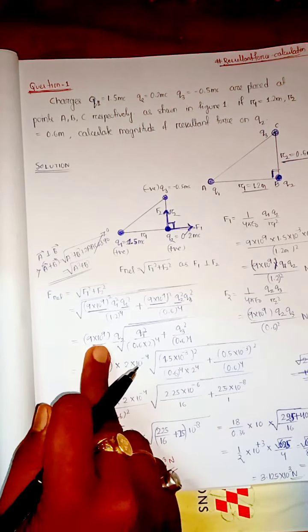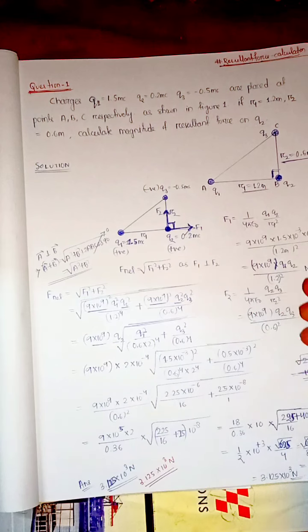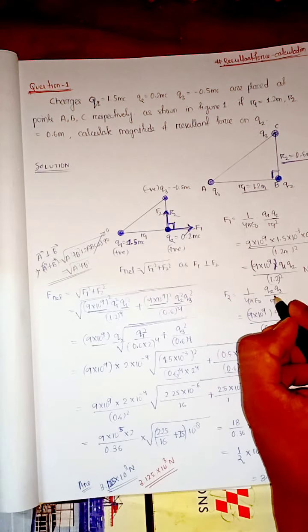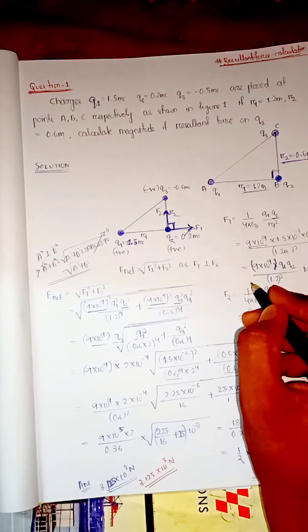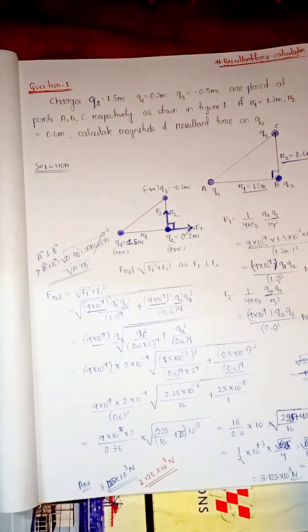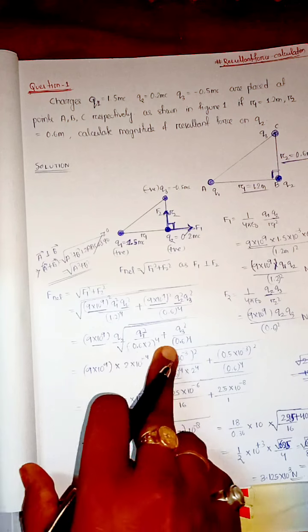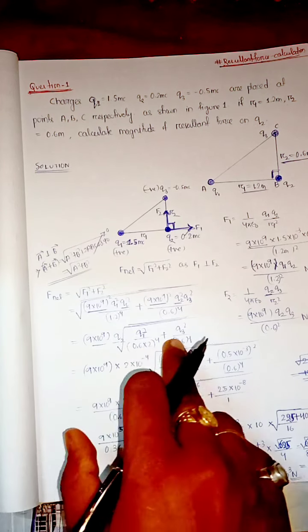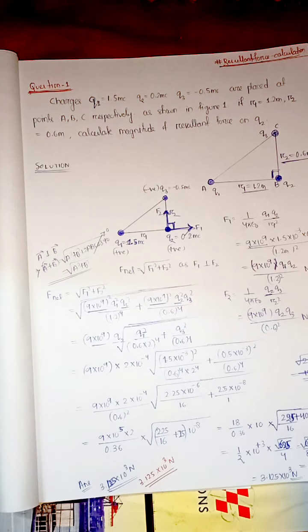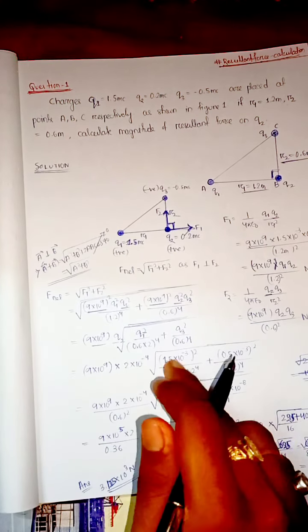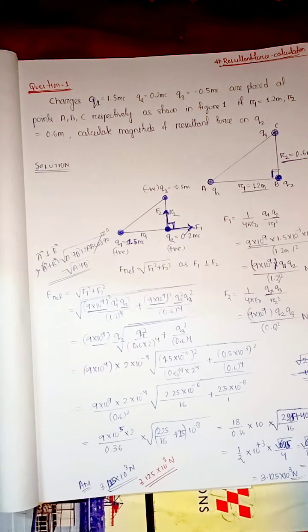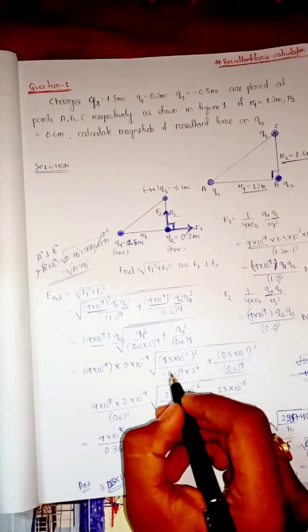So 9 into 10 to the power 9 and q2 are common in both, and 1 by 4 pi epsilon naught is common in both, so they can be taken outside. What remains? q1 square by r1 to the power 4 plus q3 square by r2 to the power 4. Now this is numerical. If a calculator is given, we can find it easily, but now see how we can find it manually.